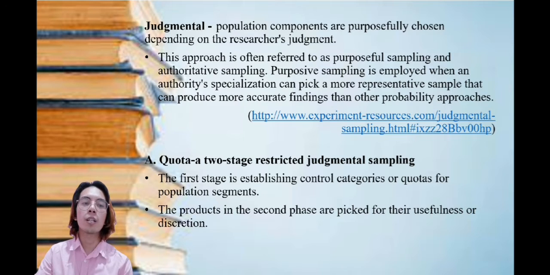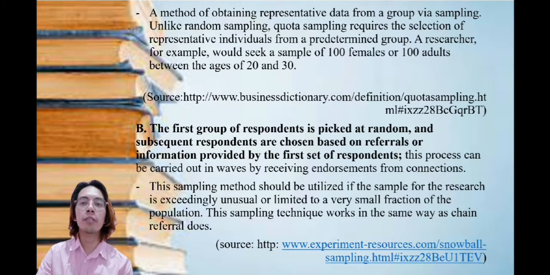Quota sampling requires the selection of representative individuals from a predetermined group. A researcher, for example, would seek a sample of 100 females or 100 adults aged 20 to 30.